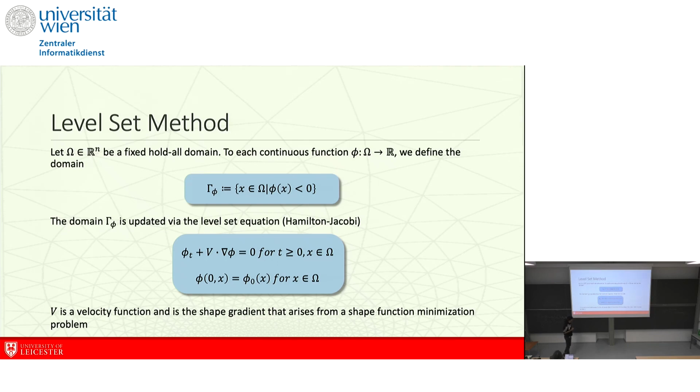So we have our temporal derivative, our spatial derivative, and our velocity function v here. And we want the velocity v function to be a shape gradient that arises from a shape function minimization problem.